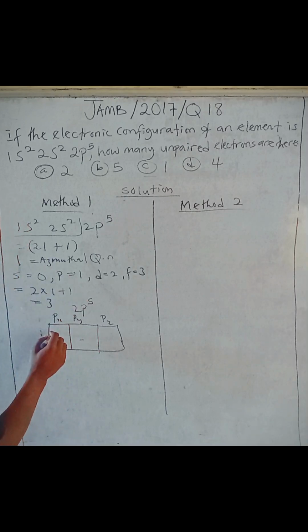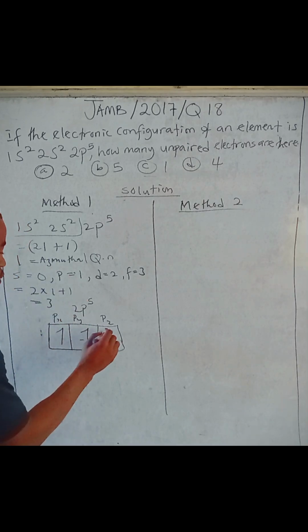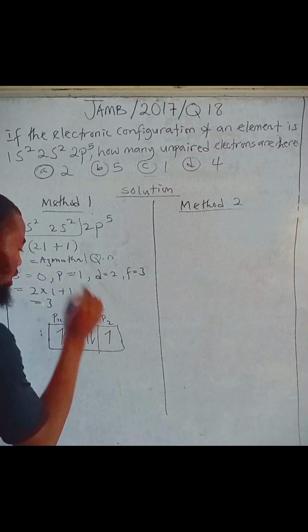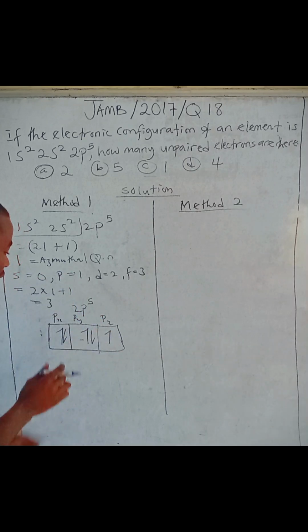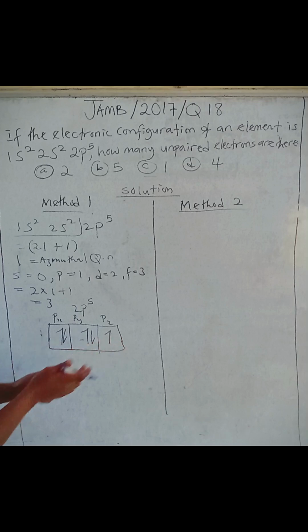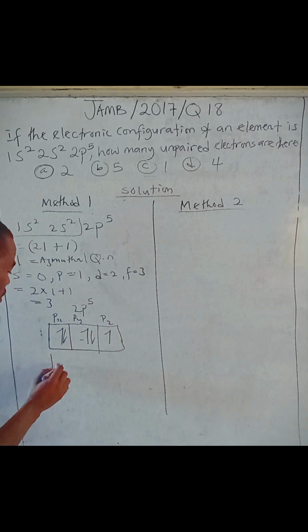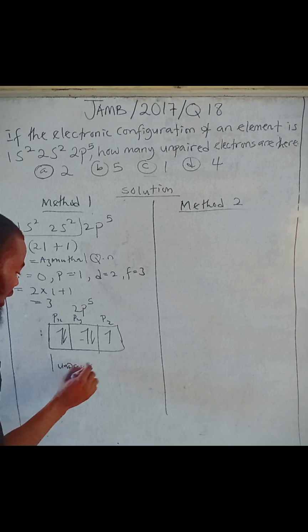So I put one electron here, one here, one here, making 3. Remaining 2: I put 1 here, 1 here, making 5. The remaining one pairs up. Now check the diagram: which one is not paired? Only this one is not paired, so you have one unpaired electron.